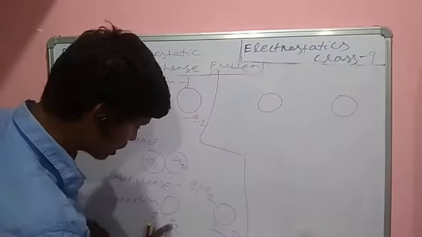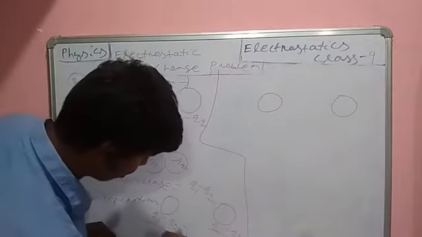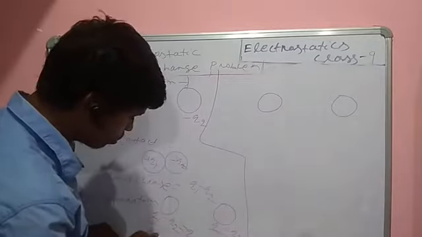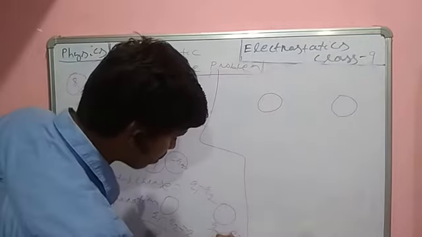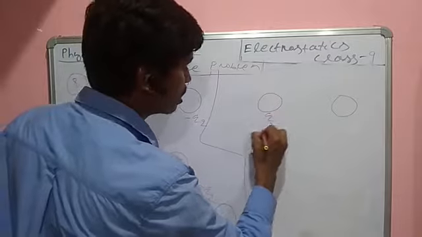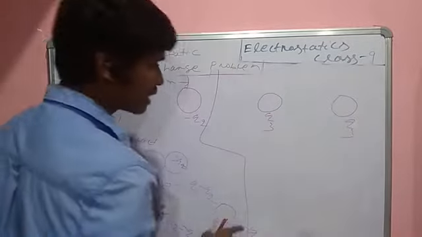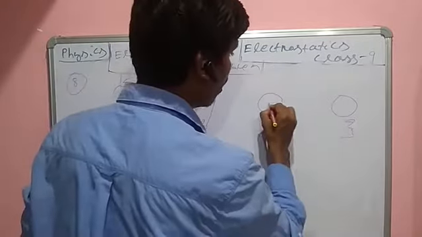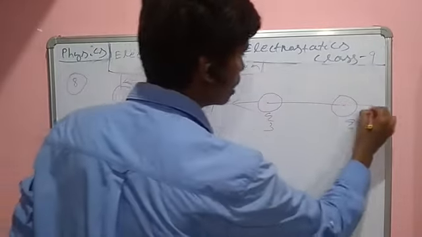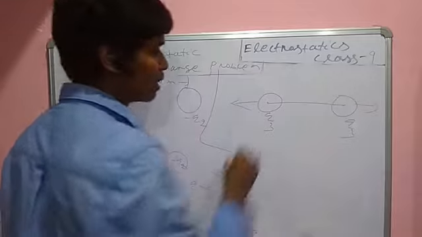Suppose (Q1 + Q2)/2 is Q3. Both have similar charge and the same polarity, so the nature of the force is repulsive.